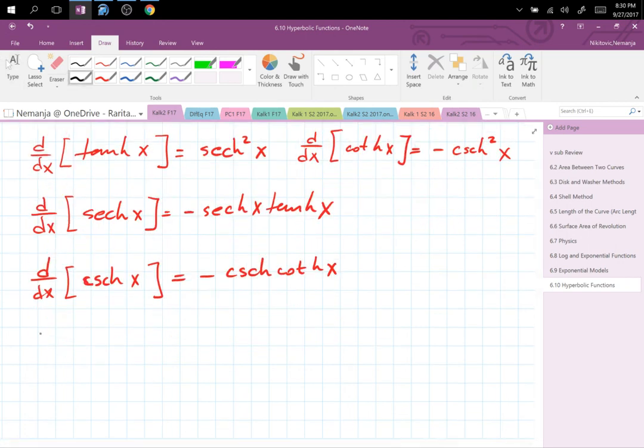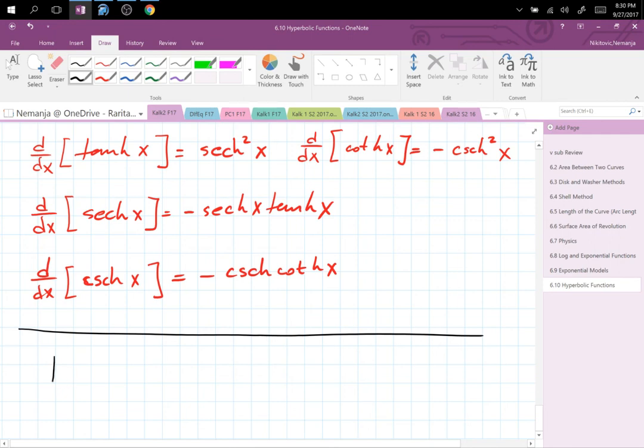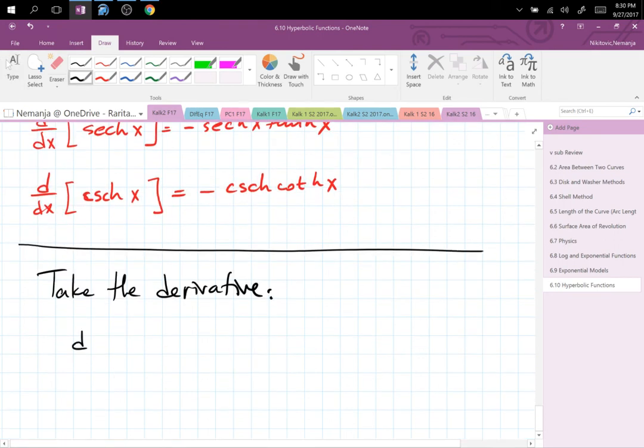Well, this is the next question that you will be dealing with. No. Just take the derivative. And you have the derivative of, let's go with sine hyperbolic of 3x.